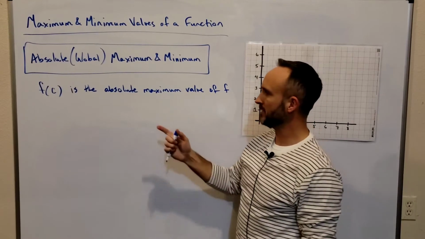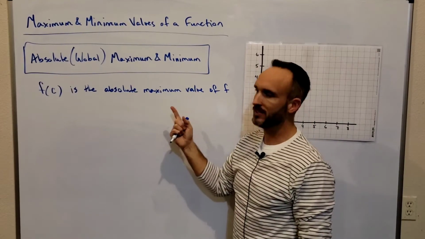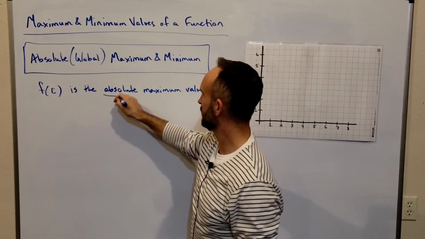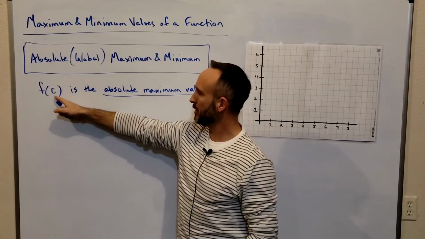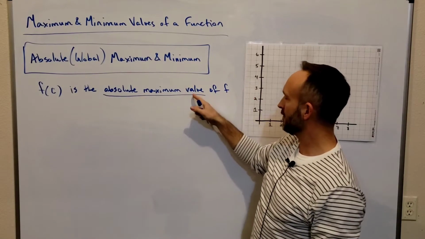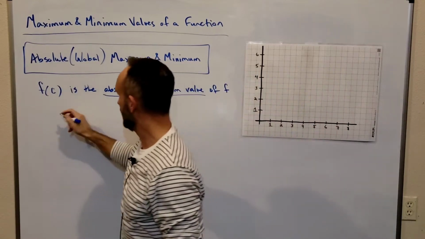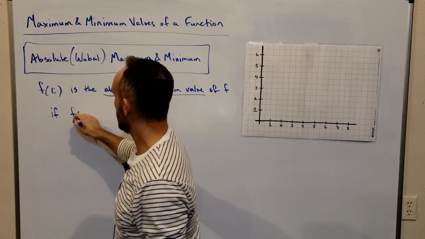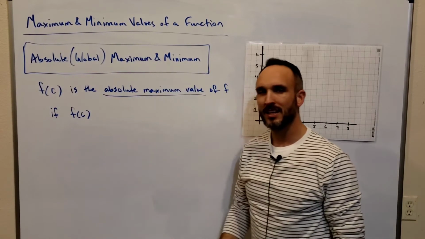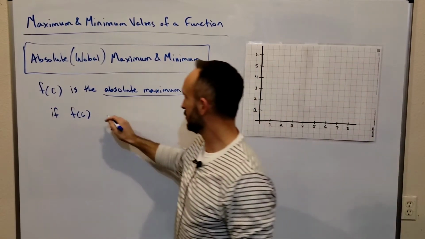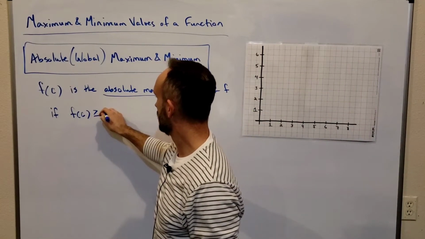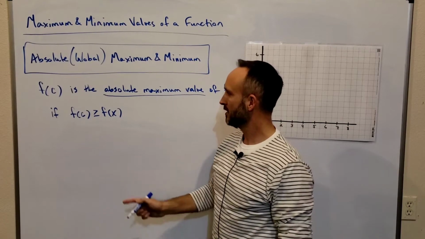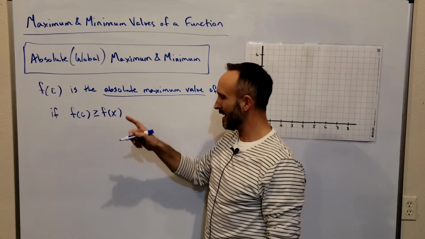Now be careful, don't read this as the absolute value of f. It's the absolute maximum value. This is a definition. So this output is called the absolute maximum value of the function if that output, f of c, is bigger than or equal to all other outputs of the f function. So bigger than or equal to every f of x.